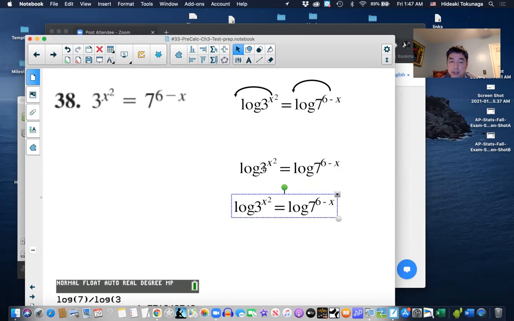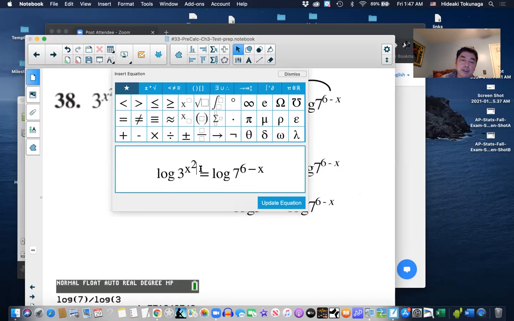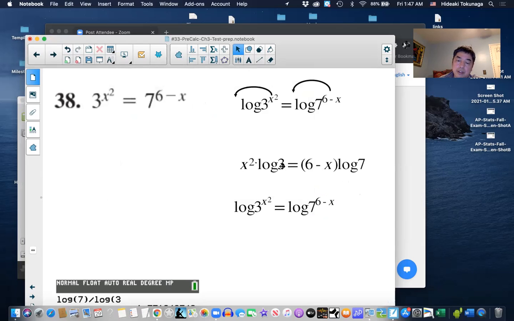Okay, so x squared can be brought to the front. To differentiate, I put the x squared and the multiplication sign, so it's easy to see. So 6 minus x can be brought to the front, but to differentiate, I put the 6 minus x inside the parentheses. This is the first step.